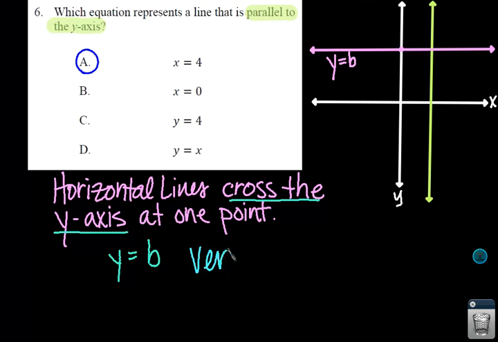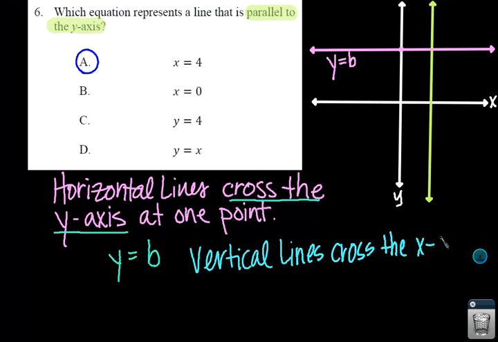Vertical lines cross the x-axis at one point. Therefore, their equations are x equals some constant.